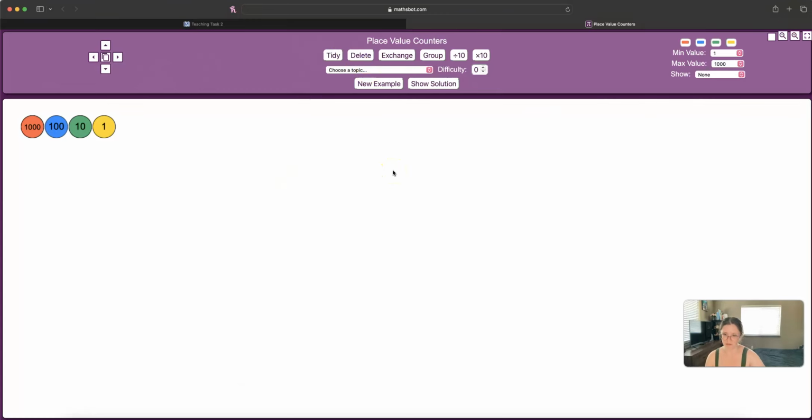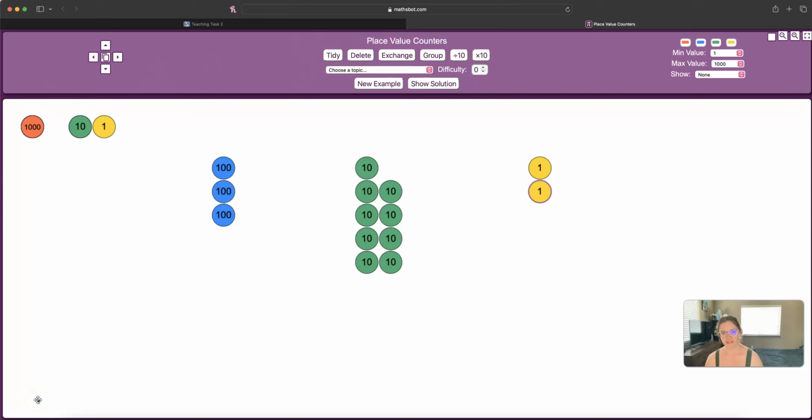So our first problem that we are going to look at is 392 minus 57. So that is what your problem will look like. We are going to set it up really quick. So as you can see on my screen, I have 392 set up. And you may be asking yourself, why do we set it up this way?